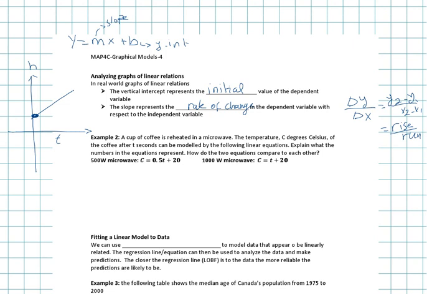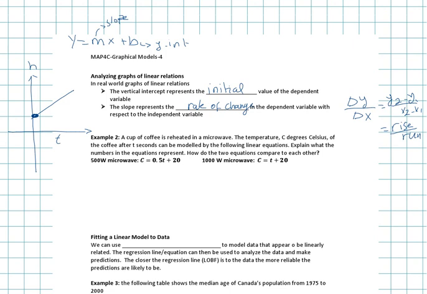All right. Now, let's read example number 2. A cup of coffee is reheated in the microwave. The temperature C degrees Celsius of the coffee after T seconds can be modeled by the following linear equation.